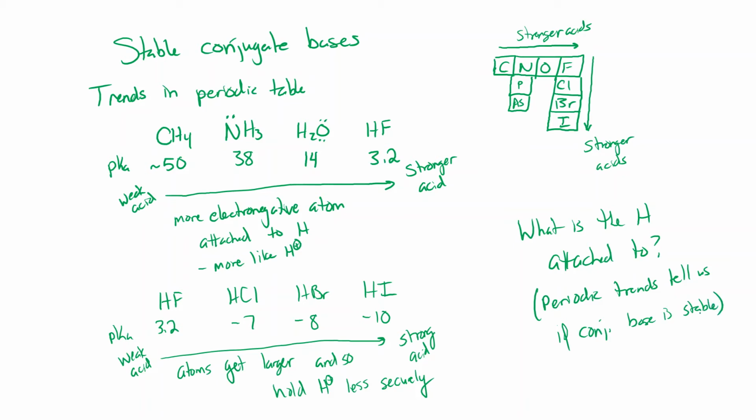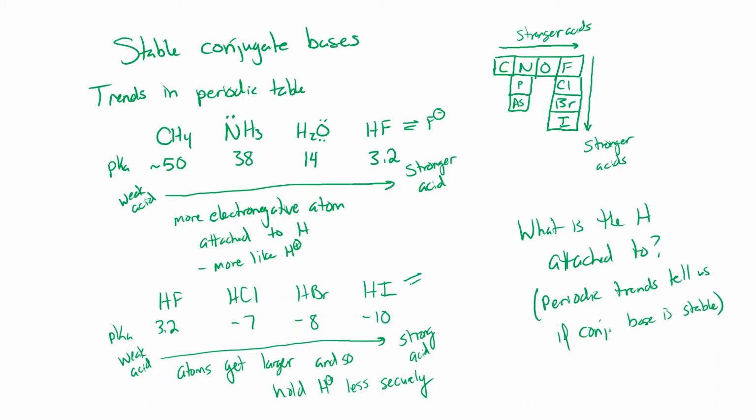So as we create a more electronegative element, right, the conjugate base of HF is, if we react this in an acid-base reaction, the conjugate base is F minus. F minus is a nice stable anion, right? That's not a terrible thing because fluorine is so electronegative, it can be very stable as F minus.